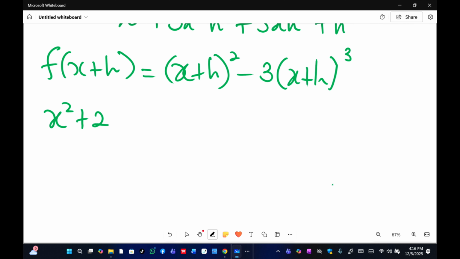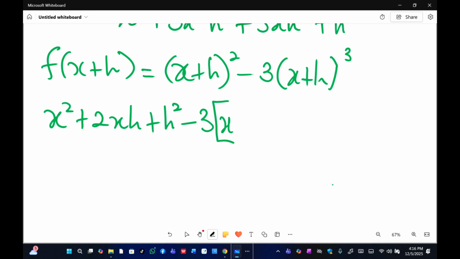So we are going to just replace them. So we know that our x plus h all squared is the same as x squared plus 2xh plus h squared. So minus, we have our 3 here. We have also worked on our x plus h all in bracket having a power of 3.